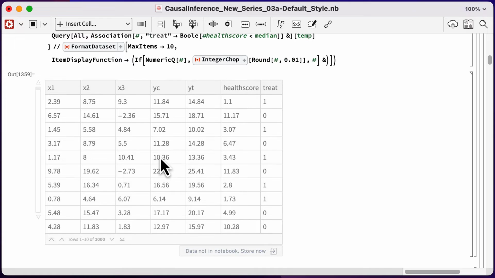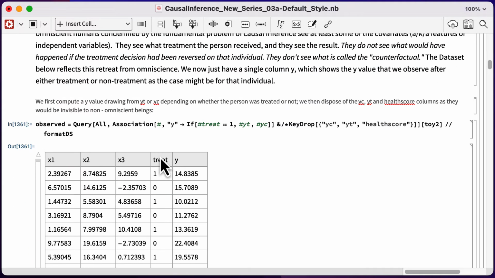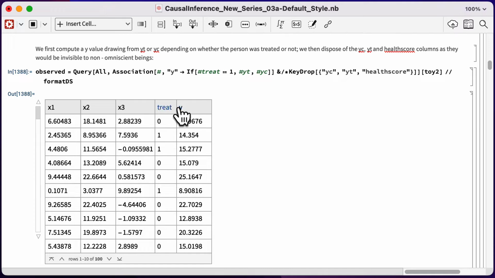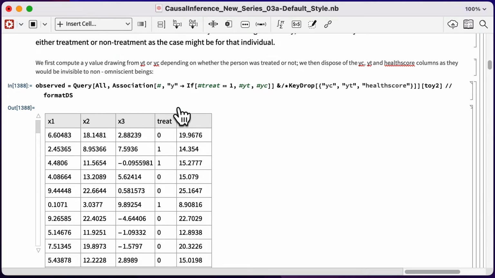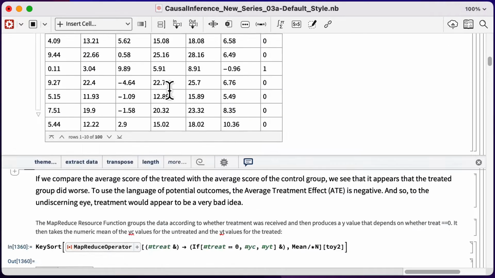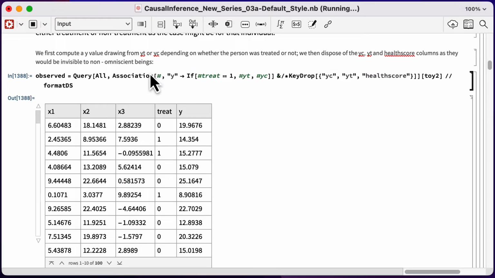Okay, so what I now want to do is actually skip down here to what we see. This is what non-omniscient beings see. We do need to evaluate a little code that I don't want to bother you with. Okay.